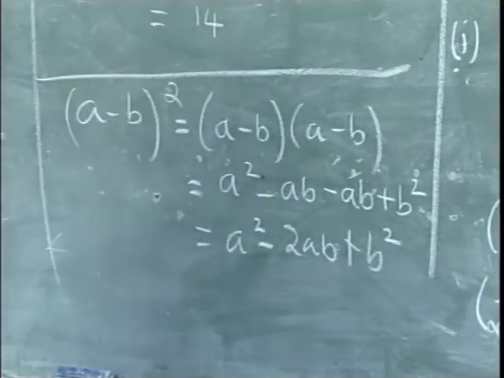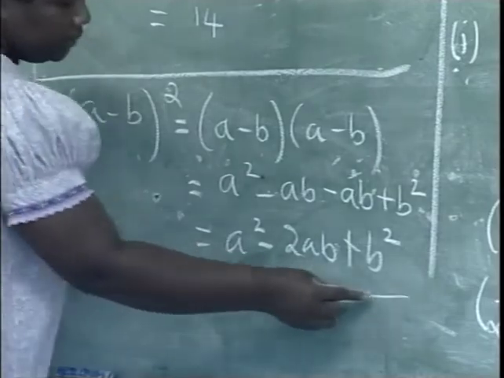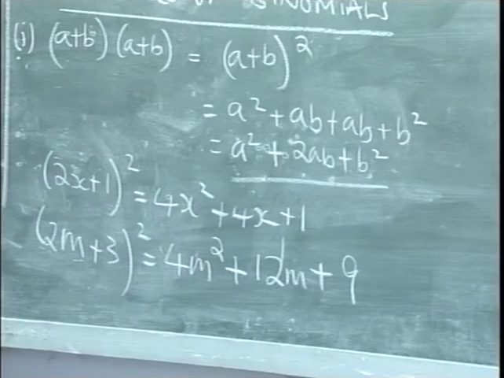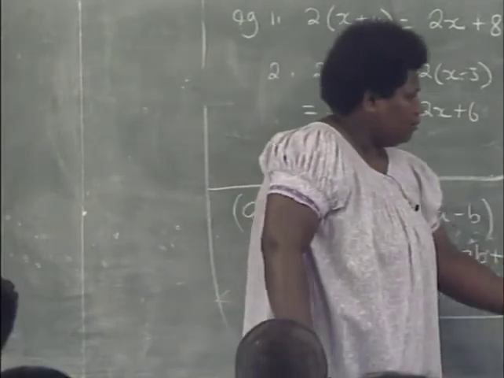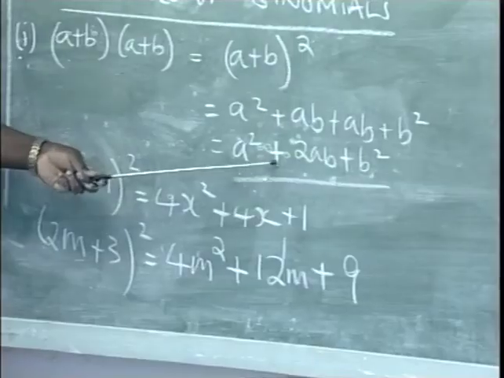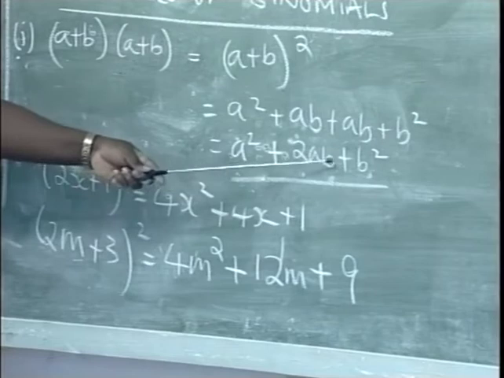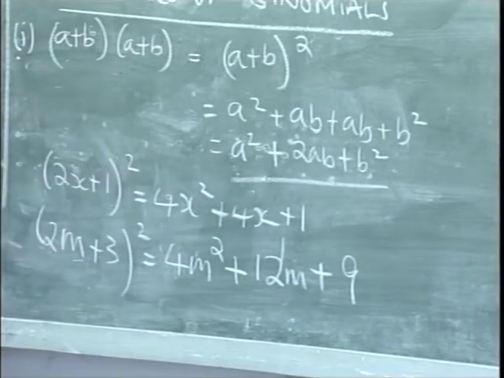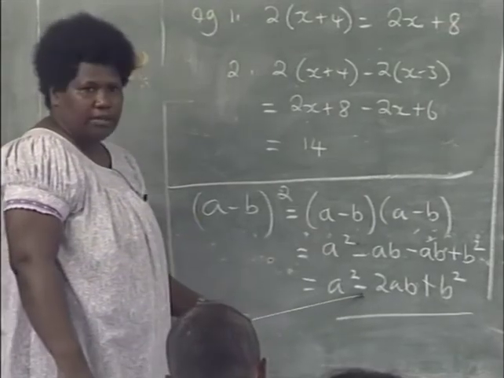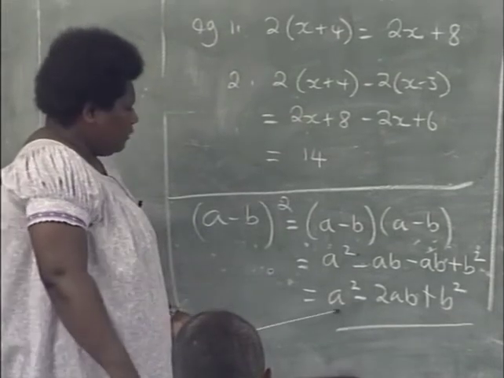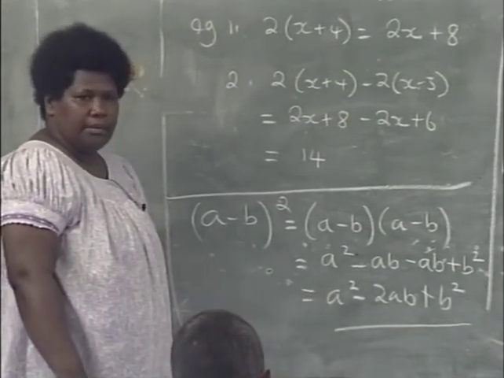Okay, if you can have a look at this and this. There is only one difference, and the difference is the minus sign. Because you are squaring a plus b, you will get a squared plus 2ab plus b squared. And here you're squaring a minus b. Instead of a plus, you have a minus. The first term and the last term will be the same.